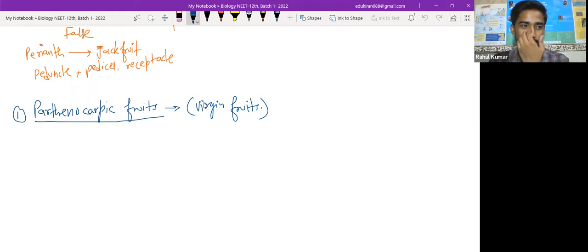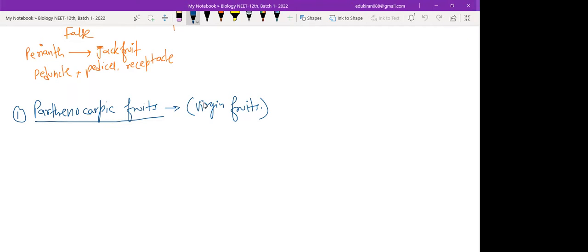Remember class 11th, which hormone initiates fruit formation? One hormone named gibberellic acid, gibberellins, auxin, gibberellin, ethylene, abscisic acid. Forgot everything, right? Class 11th gone. Yes, sir, I forgot most of it. Only remember the names, sir. I don't remember the function.